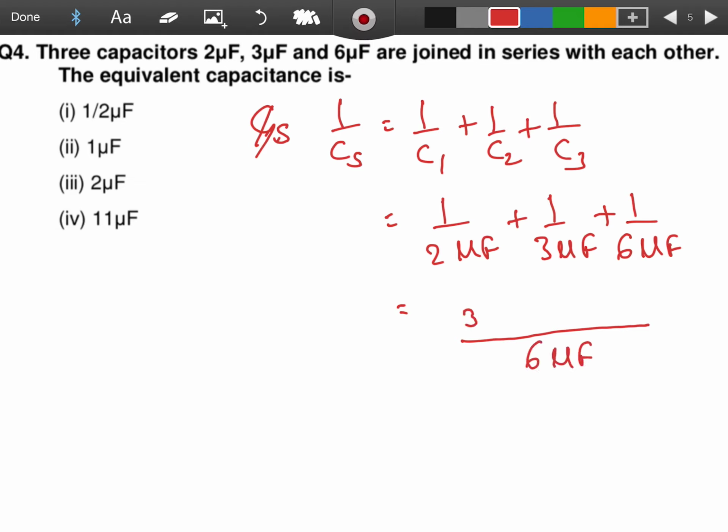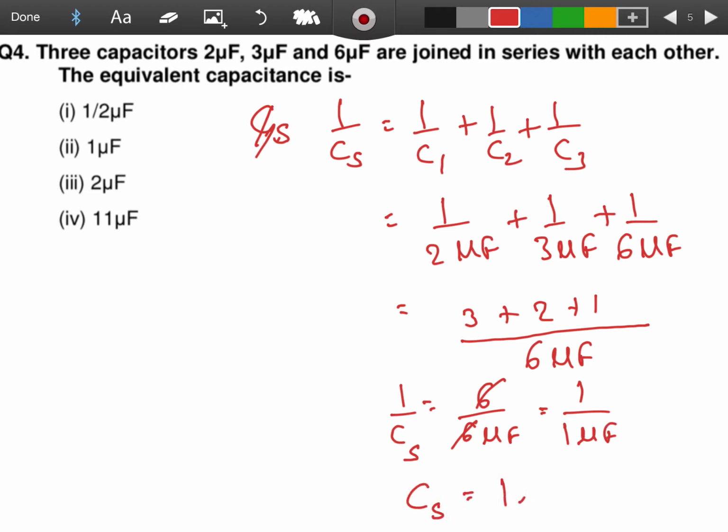Here you will get 3, here 2, here 1. 3 plus 2 is 5, plus 1 is 6. So 6 by 6 microfarad, that is 1 by C series, the 6s get cancelled. So, 1 by 1 microfarad. So, capacitance in series is 1 microfarad. So, the answer is 1 microfarad. Next.